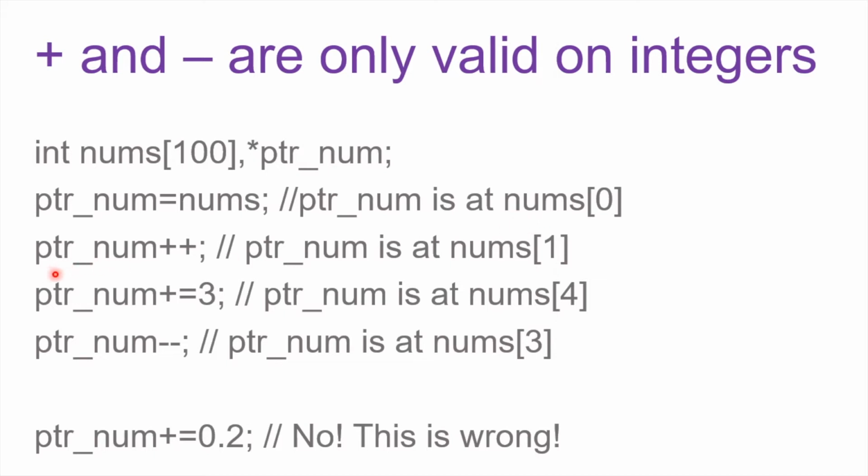And then we use the plus. It increases the value of that pointer by 1. The 1 is not the value 1, it's actually 1 unit of that integer.